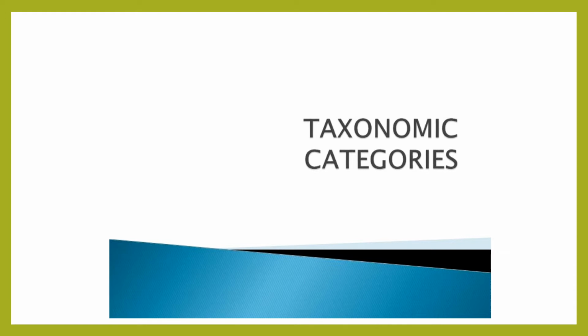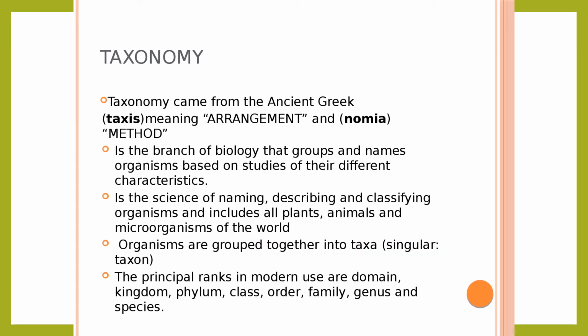Let's talk about taxonomic categories. What all is included under this taxonomic category? First of all, taxonomy is a Greek word. Taxis means arrangement. Nomos means method. It is dealing with the groups and names of organisms based on the study of their different characteristics and features. Organisms are grouped together into taxa, or singular, taxon.